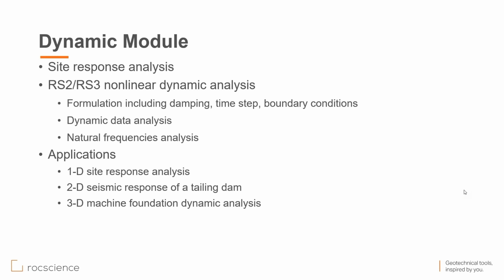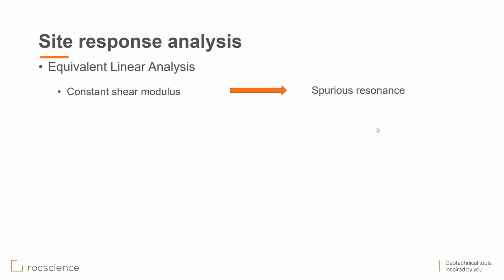So from this approach, we can clearly see there are some disadvantages of the method. The first one is that because the method uses a constant shear modulus, we might have spurious resonance. That spurious resonance phenomenon rarely happens in real life, because the shear modulus is constantly changing in the simulation.